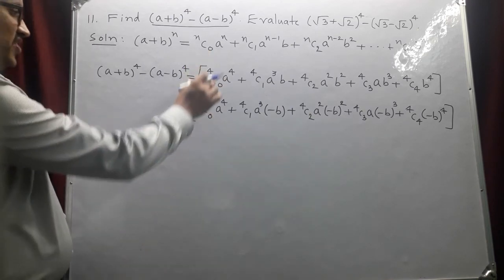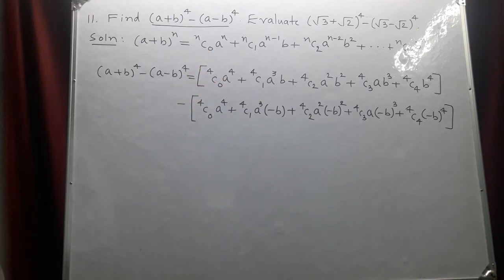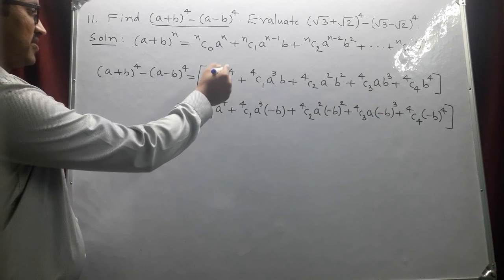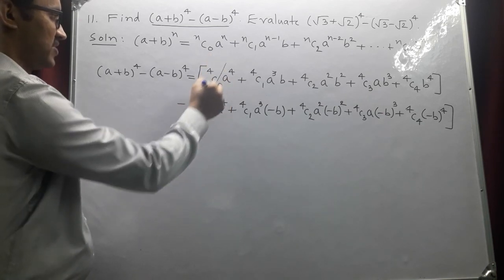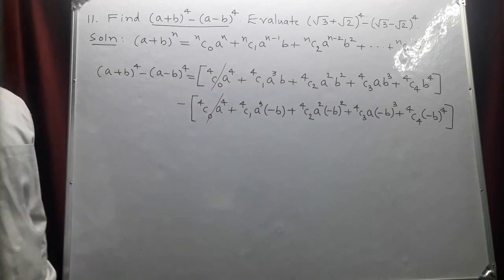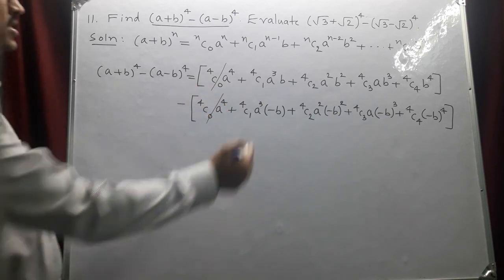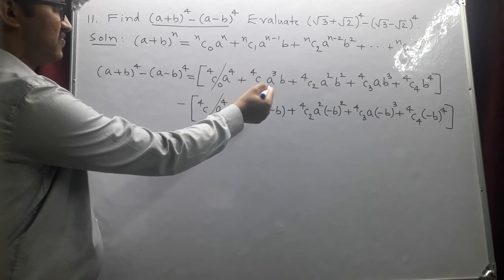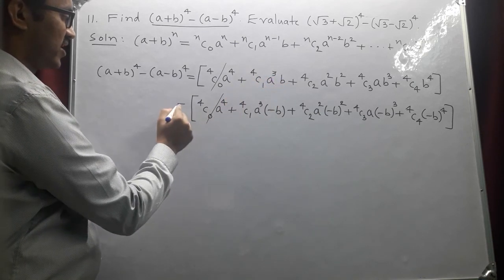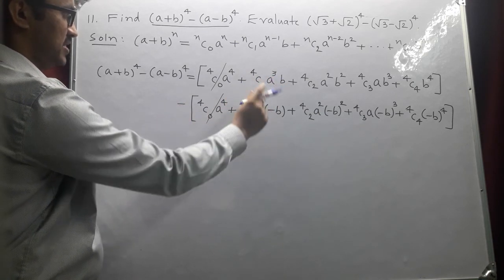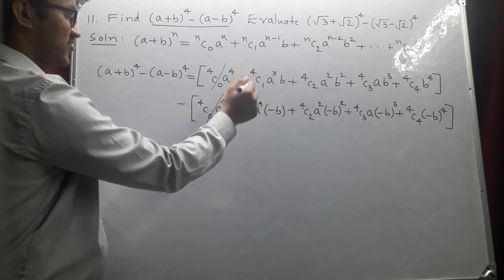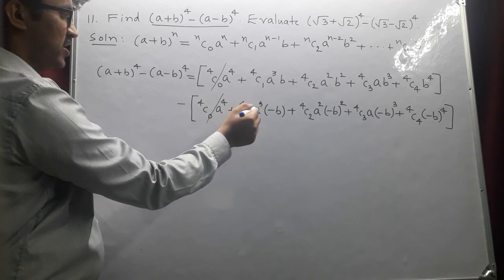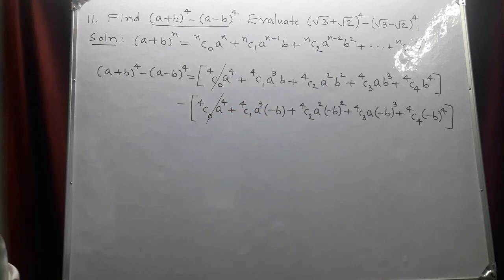Now if you simplify this one, see here 4c0 a power 4 minus 4c0 a power 4, we can cancel these two terms. Here 4c1 a cube b, minus into minus is plus, so the same term, so we can write 2 times 4c1 a cube b.